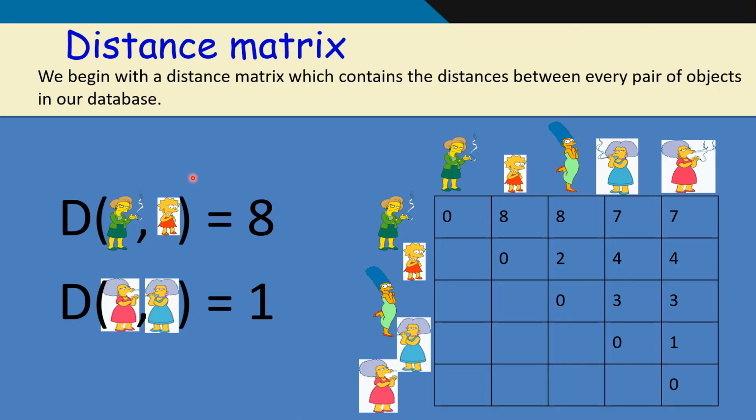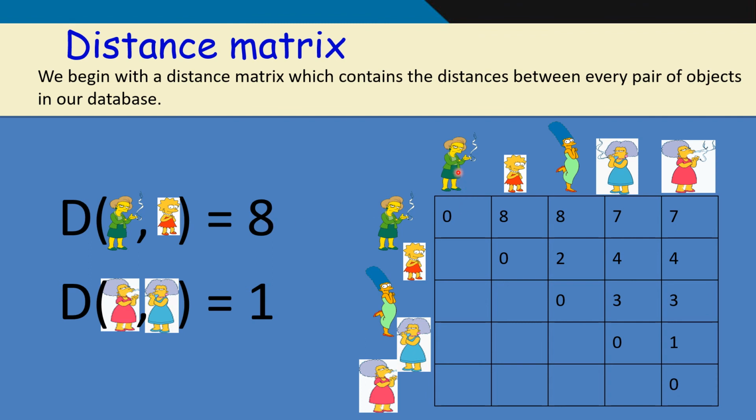So we begin with a distance matrix which contains the distance between every pair of objects in our database. We have 5 points here. We find the distance between 2 points. Here the distance between 2 points is 8.